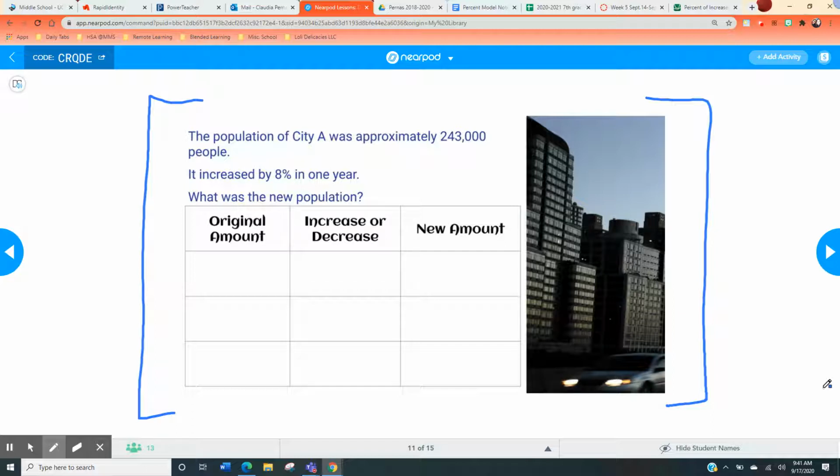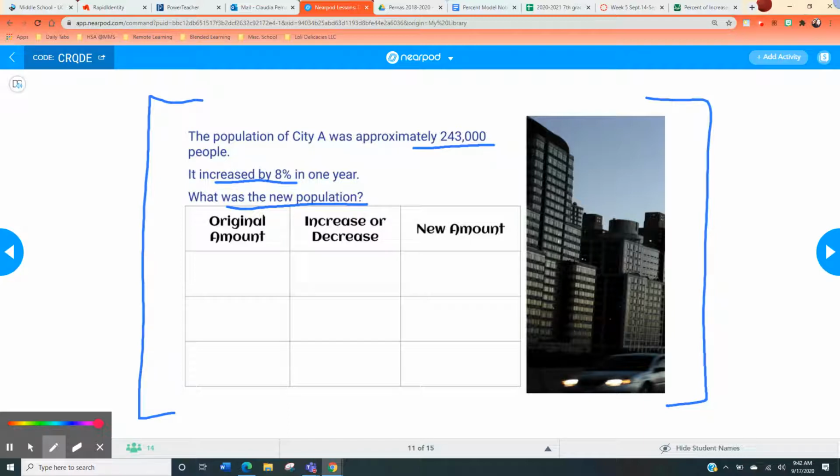The population of city A was approximately 243,000 people. It increased by 8%. What was the new population? So it's asking me, what's the new population? If it's asking me the new population, is it asking me for just the increase or decrease, or is it asking me for the new amount?